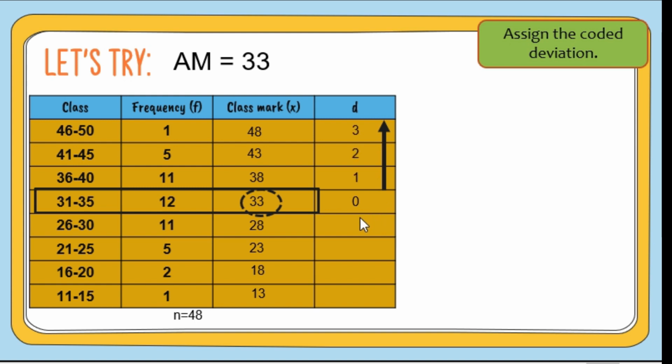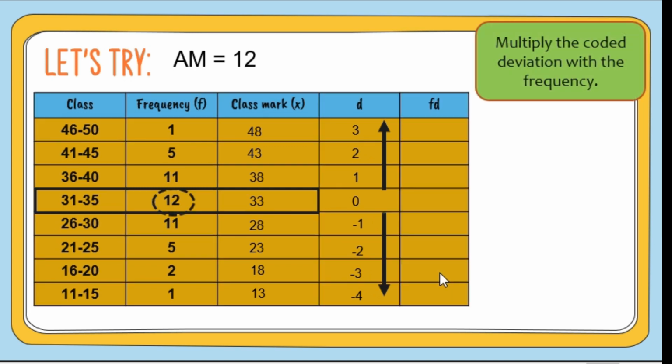Then going downwards, we will be assigning the negative integers starting with -1, -2, -3, -4. Always remember that we always start with the assumed mean, which is at class 31 to 35, and we put 0. Then going upwards, it will be positive and going downwards will be negative. So we are now done assigning the coded deviation.